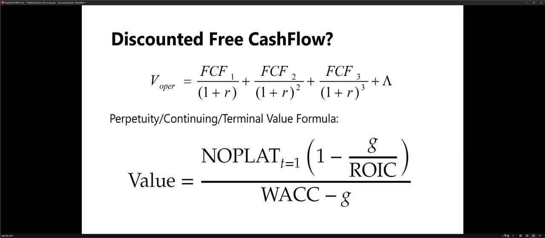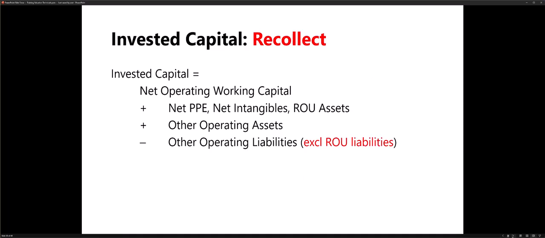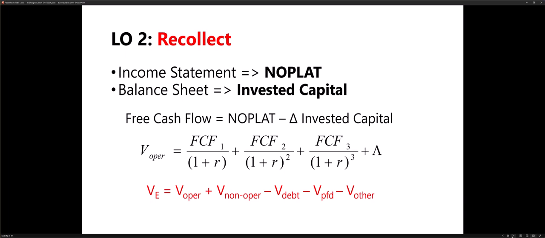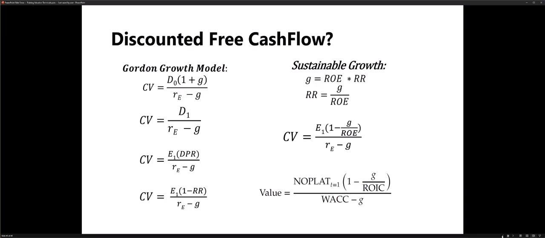So now you have the free cash flow, right? Because the formula is NOPLAT minus the change in invested capital. You have both. You just take the difference, and then you get the free cash flow.